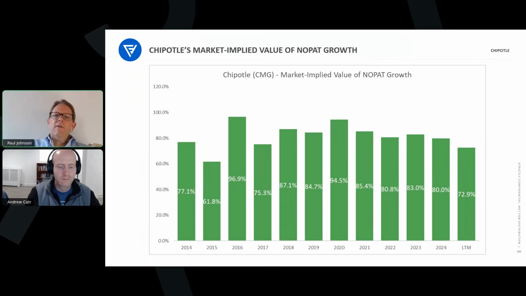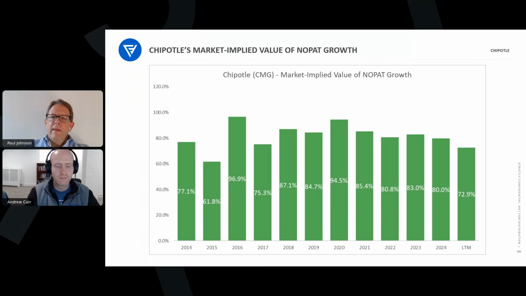So that's interesting. Now, if you want to look at it as a percentage of enterprise value, just to get a better sense, you can see that this thing was very stable. Now, in 2020, the market got crazy, so everything went up. But if I just do a quick glance across this, 80 to 85% is where the market implied value of growth was for effectively 10 years.